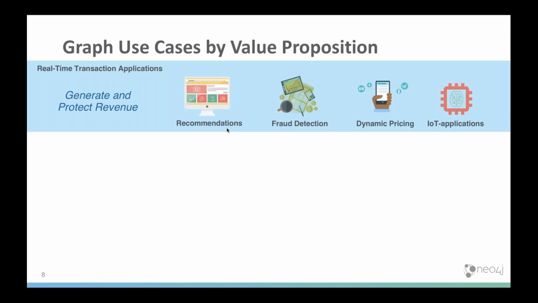So the problems where you see this are real-time fraud detection, real-time recommendations, IoT type of applications, and so on. So that's using Neo4j as a real-time transaction-orientated database.